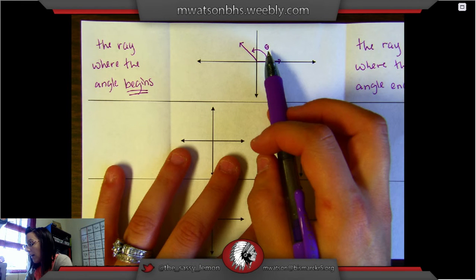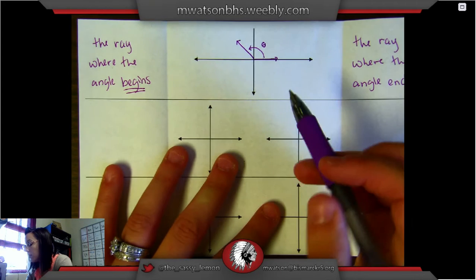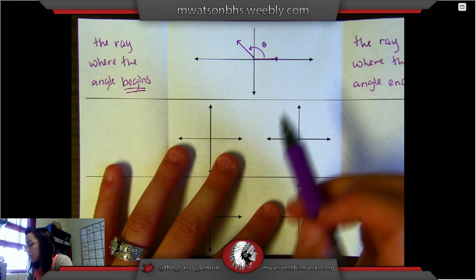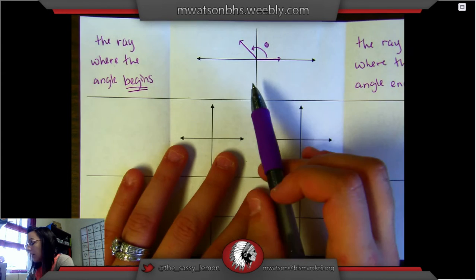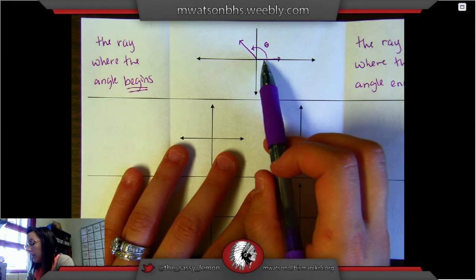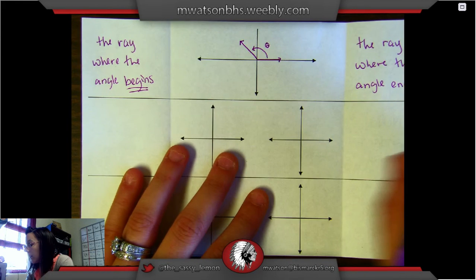So if you're looking at this angle, how you can tell what the initial and terminal sides are is based on this little arrow in here. So this is the initial side. It's where the ray begins. And so grab your highlighter and highlight that side.